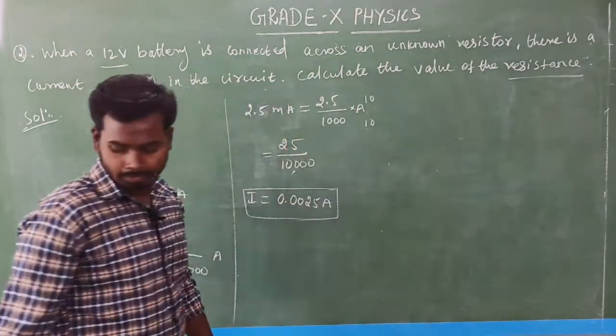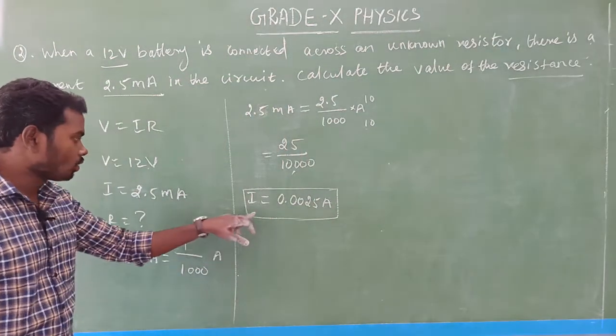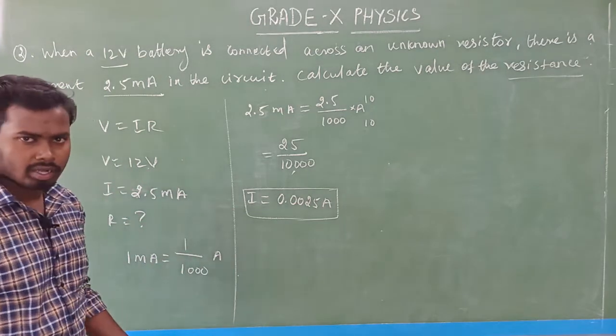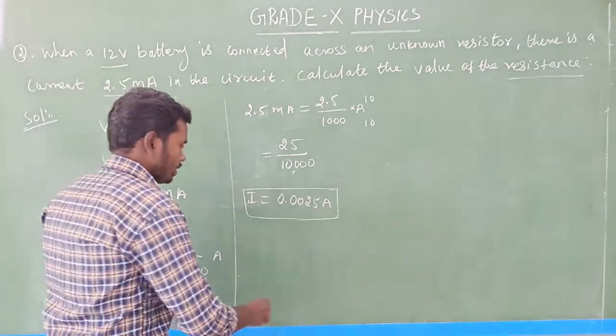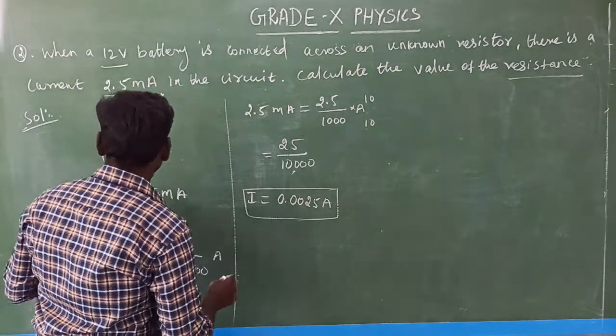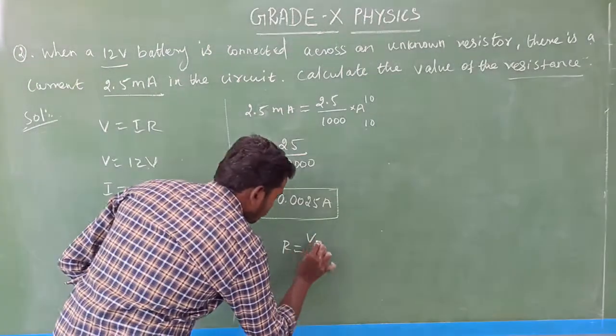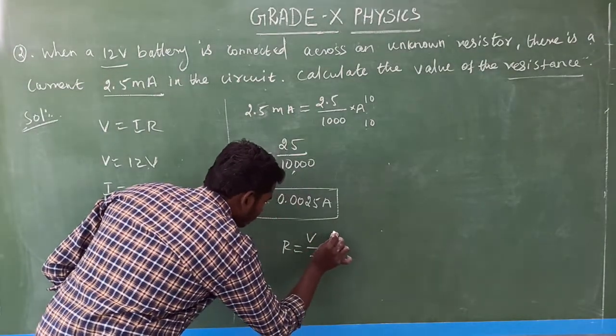Okay, students. Now substitute this I value and this voltage value in the formula, and we can get the resistance value. Resistance is equal to V by I, we already know this formula very well.